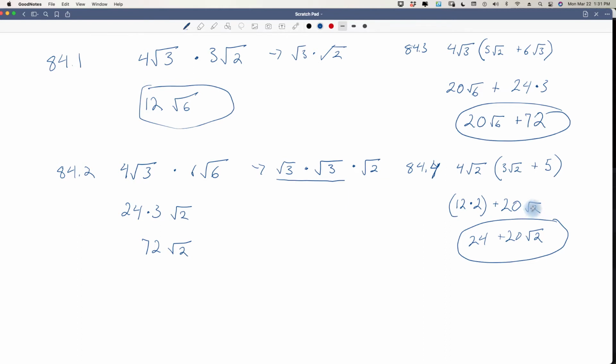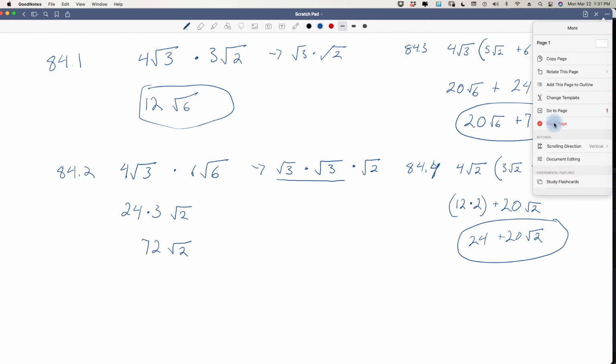Now let's talk about functions for just a moment. That's the second part of lesson 84. We are going to talk about what's called a function machine. So we have this little box right here in the middle. Okay, close enough.